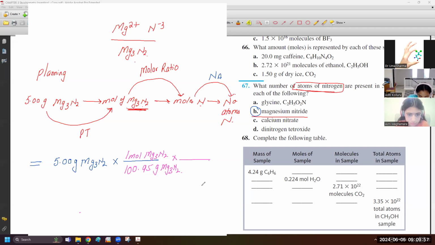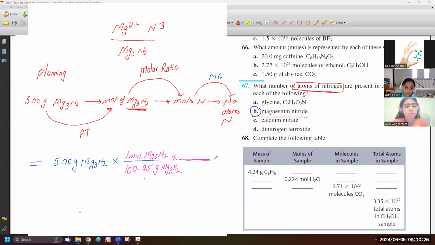What is the molar ratio, Avni? Yeah, her molar mass is correct. How much have you taken for magnesium? 100.95. Yeah, same here. Good.